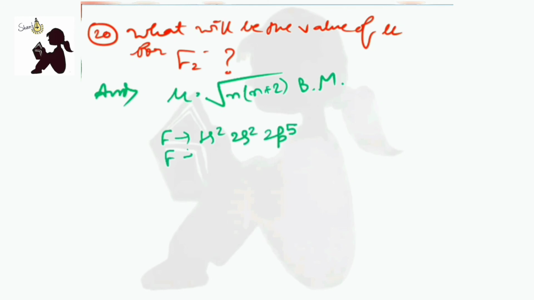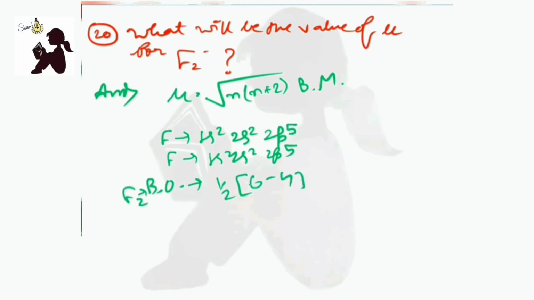Now we're not going to draw the molecular orbital of it, because you all have seen in the chemical bonding video how without drawing we can just do it. So for F2, we're first going to do its bond order. So it will be 1/2 into 6 minus 4, because in the p orbitals we have 6 bonding and 4 anti-bonding electrons. So it will be 1.